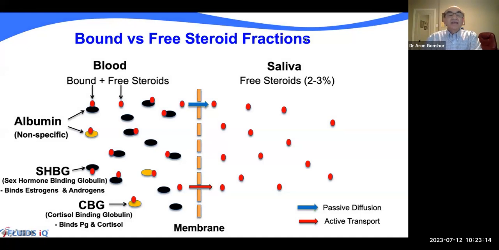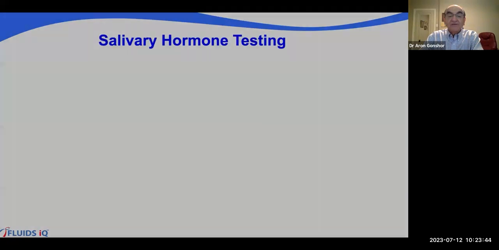Unlike blood, which has the bound and free steroids, in saliva you're picking up the free steroids, about 2 or 3% of the total amount of the steroid, because it's passing through the salivary gland, and by passive diffusion or active transport, only the small molecular weight steroids can get in. That's what you're able to pick up in saliva.